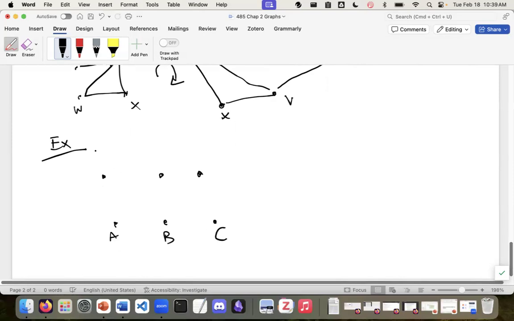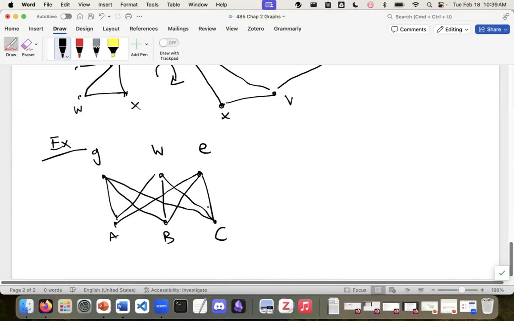And then we've got our 3 utilities where we have G for gas, W for water, E for electricity. And then we can connect A to gas, water, and electricity. We can connect B to gas, water, and electricity, and house C to gas, water, and electricity, right? We can draw the graph like this.